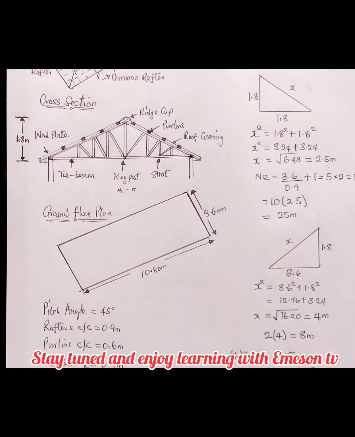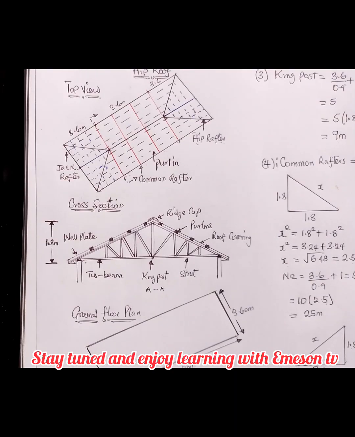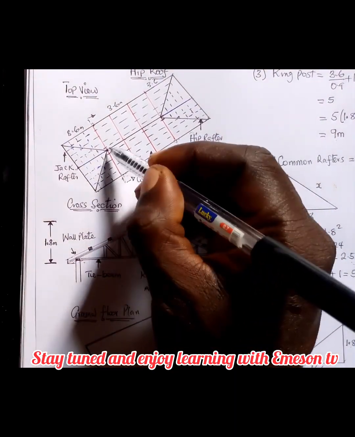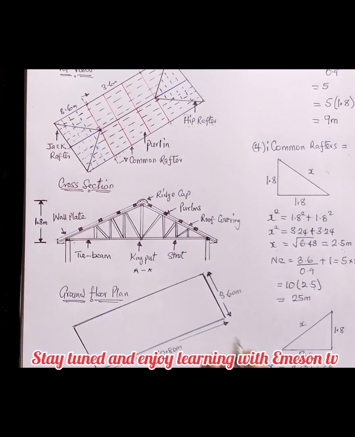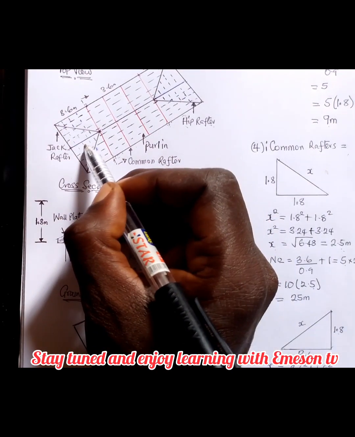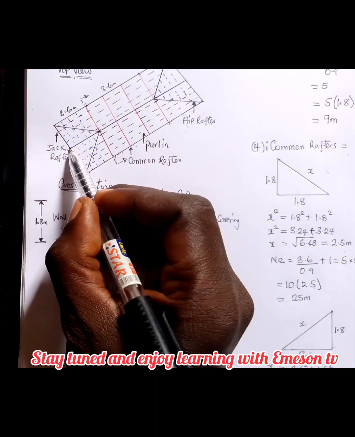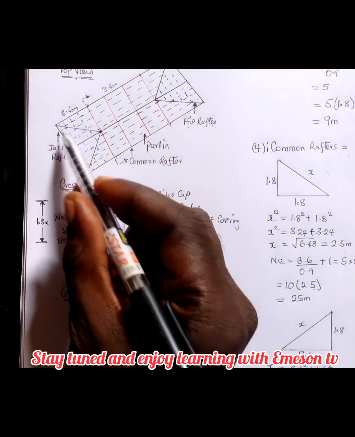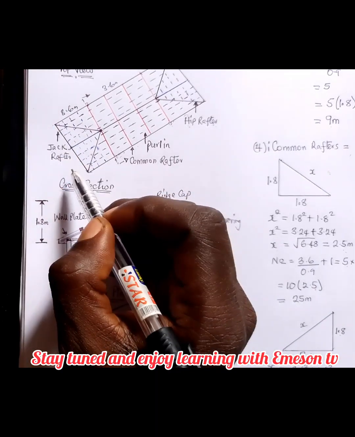So the next rafter we're going to talk about is our hip rafter. Our hip rafter is this one that runs from this point to this point. So for our hip, we have this common rafter to be 4 meters. We have half of this. From this point to this point is 3.6.